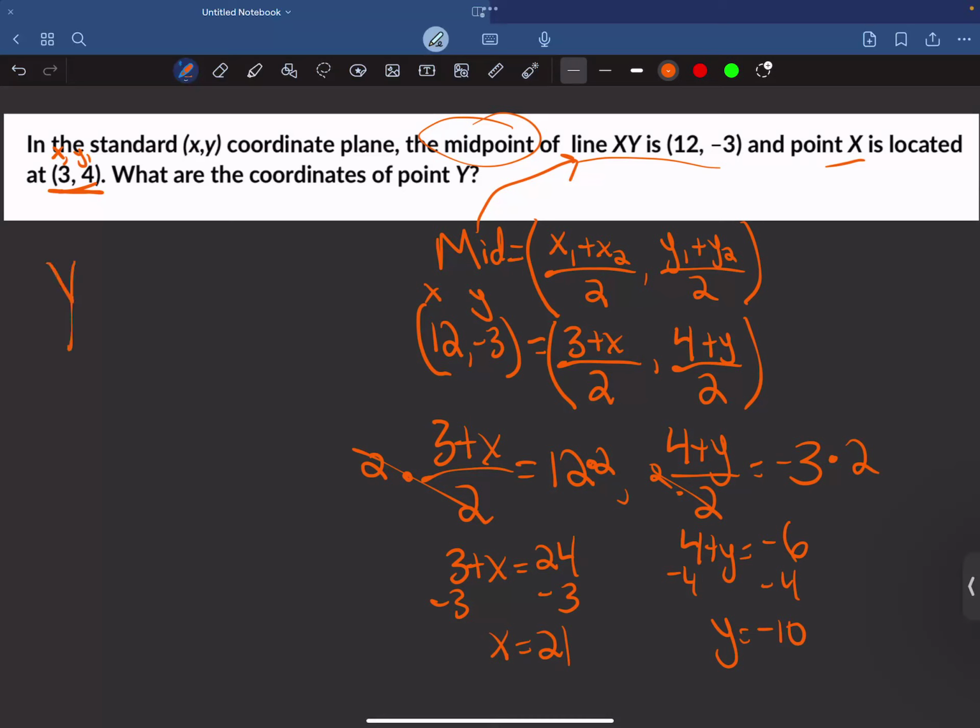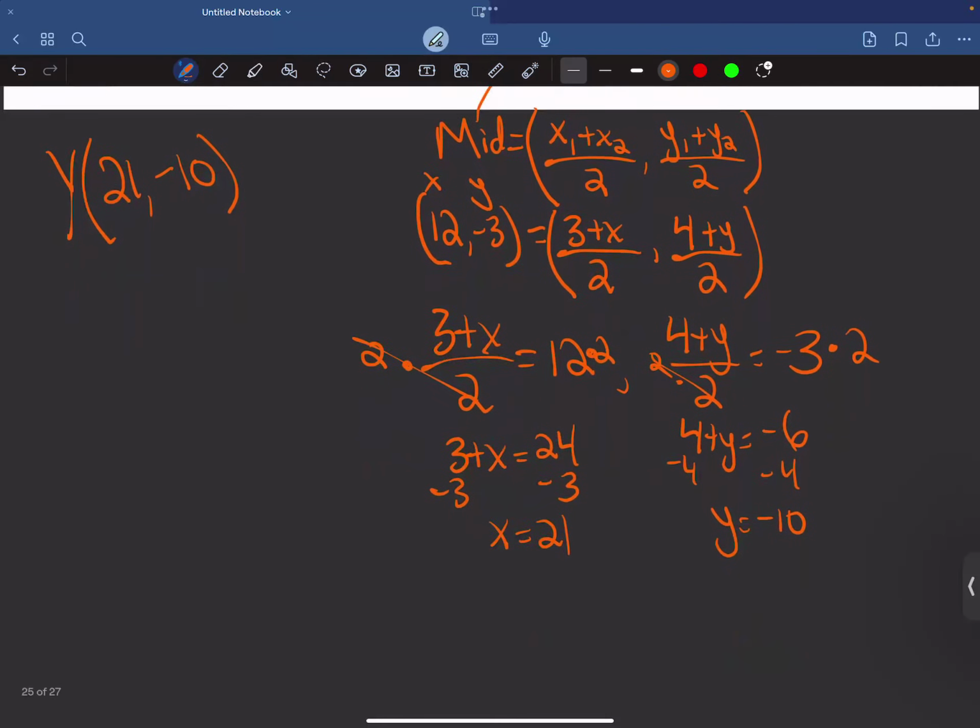That means point y is going to be 21, -10. And just like that, no guessing and checking, no figuring anything out. You knew the formula, you plugged in the numbers, you substituted them, and you ended up with point Y. Good work. And we have one more.